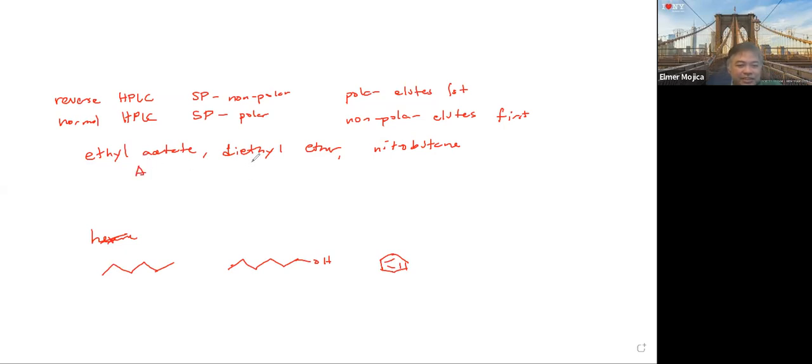Sige nga. So if I'm going to make this A, B, C, A, B, C, so ano yung elution order? Alin yung pinakamabilis, alin yung pinakamabagal? How about the others?